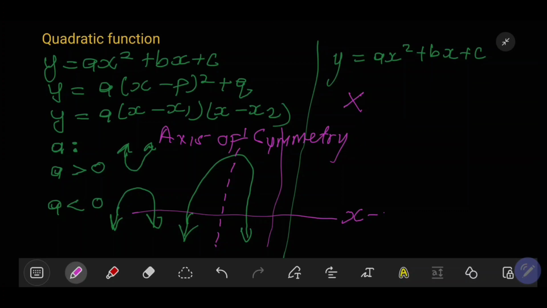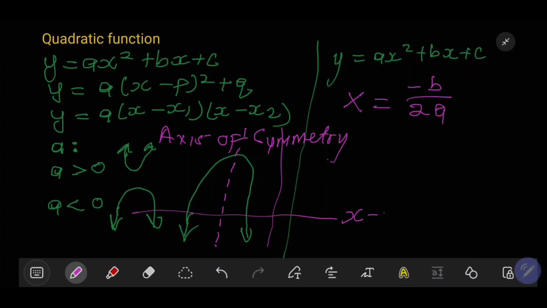To calculate the x coordinate of the axis of symmetry, we say x equals negative b over 2a. This is how we calculate the vertical line that divides the parabola into two equal halves. So the x coordinate of the turning point is x equals negative b over 2a. All right?